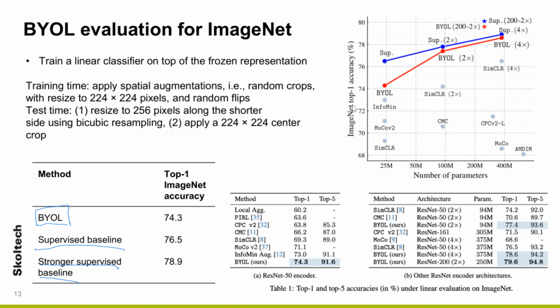As we see, for the basic method, we have some gap between the supervised method and BYOL, and this gap is about 2% here, for the model that has like 25 million parameters. So we have this gap, but we are quite close. The gap is much smaller if we increase the number of parameters in the model.